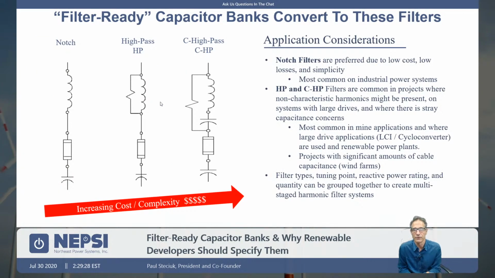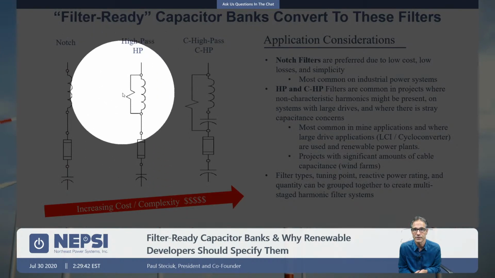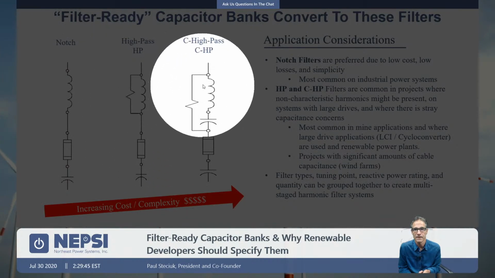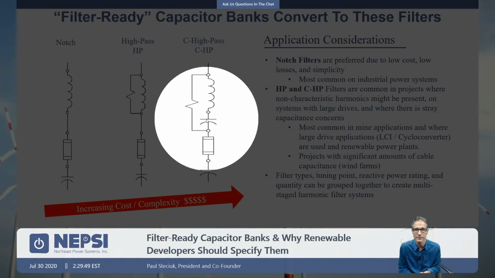The three types of filters that can be utilized in a filter-ready cap bank are the standard notch filter here, the high pass filter here, which is just basically we're adding a resistor and a reactor, and then we've got this C high pass filter, which is resistor, reactor, aux capacitor.